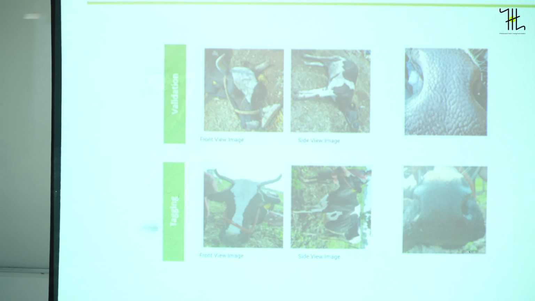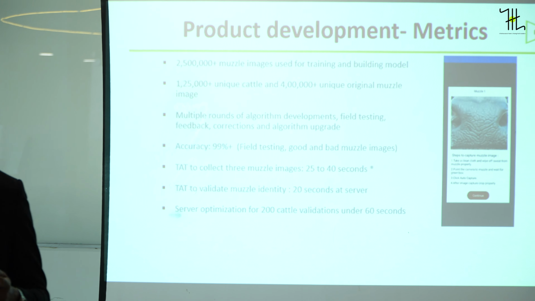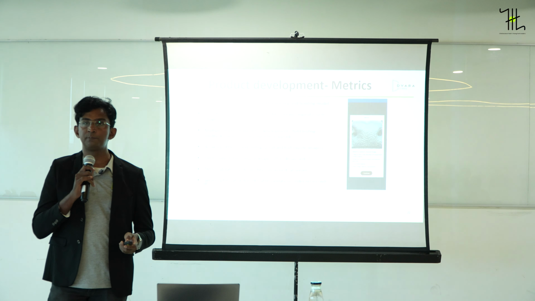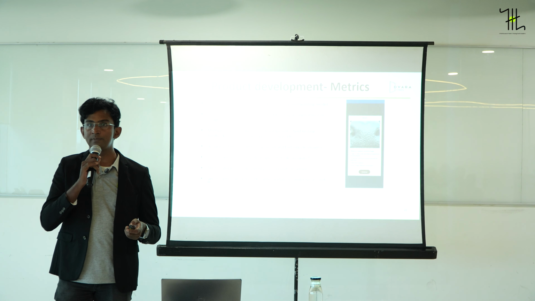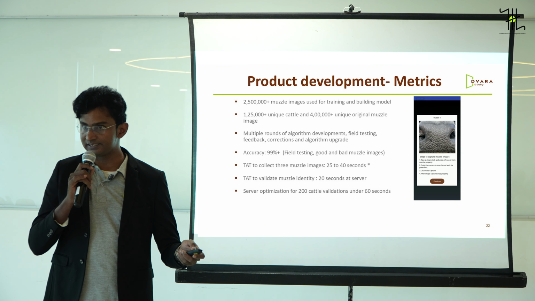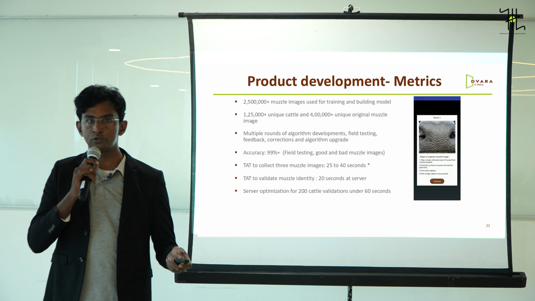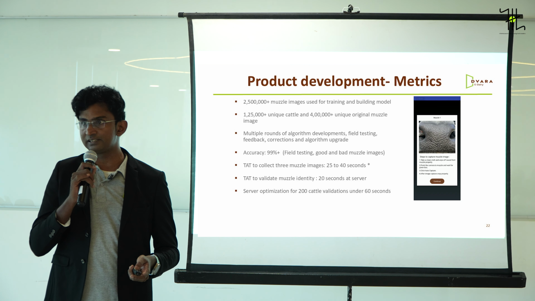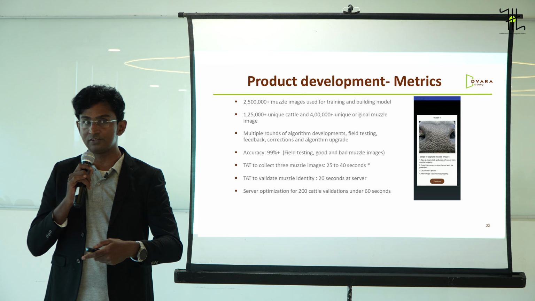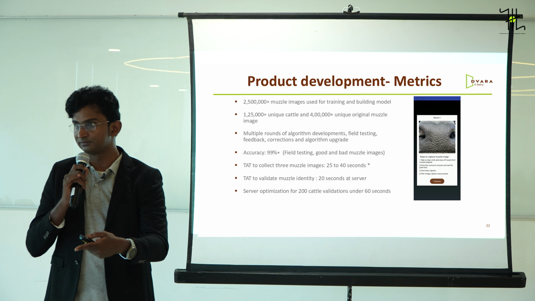Right? So muzzle essentially gives a unique identity to the cattle, and this will really help in cattle becoming an asset class, right? So right now as we speak, for farmers in rural areas, land is considered as an asset, right? But unfortunately, cattle is not considered as an asset, though it gives milk and there is revenue, and there is a recurrent revenue more frequently than a land, right?